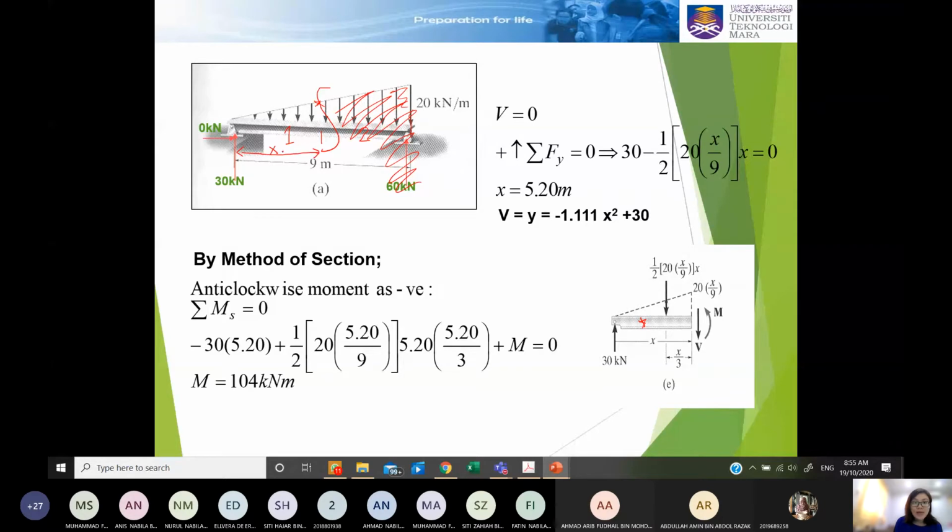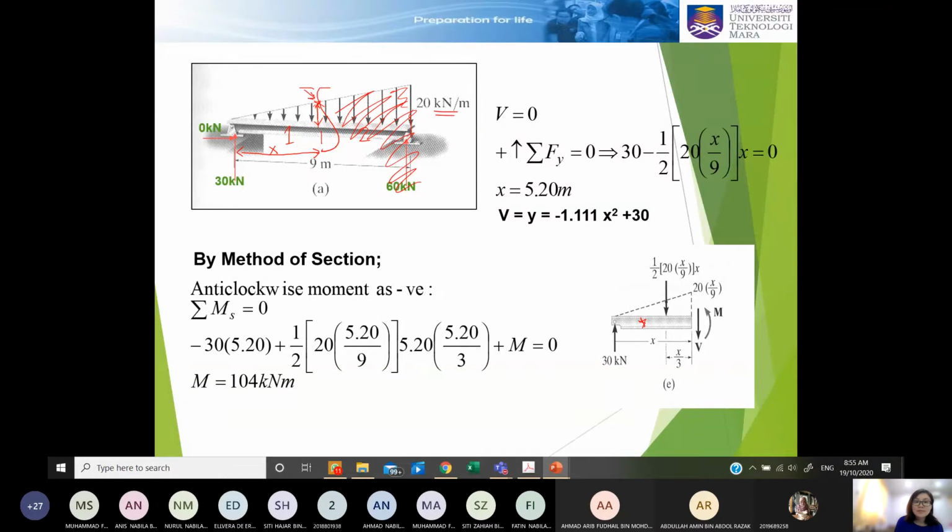It will be in terms of X. We know that at 9 meter it is 20 kilonewton per meter, but at this X, what is the height of this loading? So we need to determine that loading first.